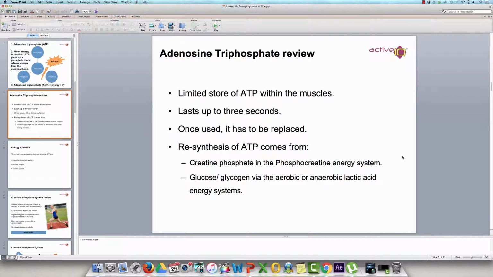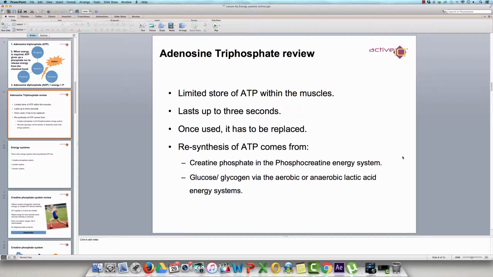There is only a very limited amount of ATP within the muscles. It lasts up to 3 seconds, and once it's used, it has to be replaced. The way we can replace it is we can use creatine phosphate in the phosphocreatine energy system, or we can use glucose or glycogen from the aerobic or anaerobic lactic energy system.